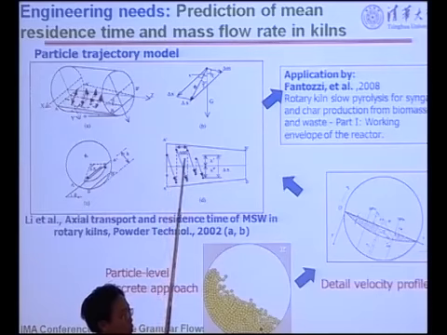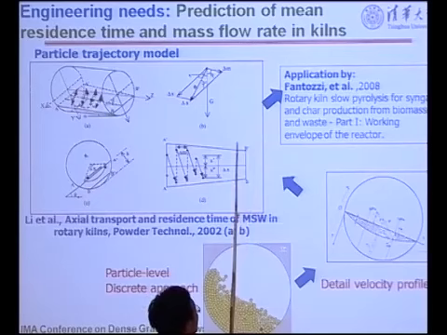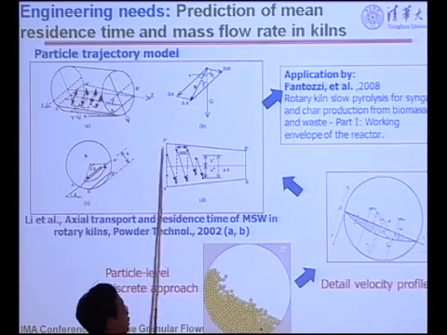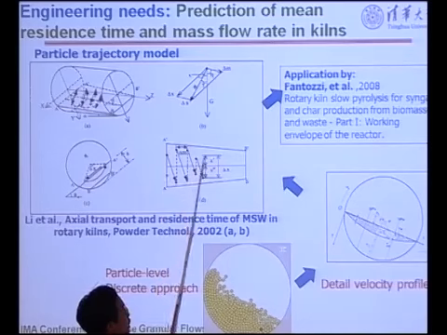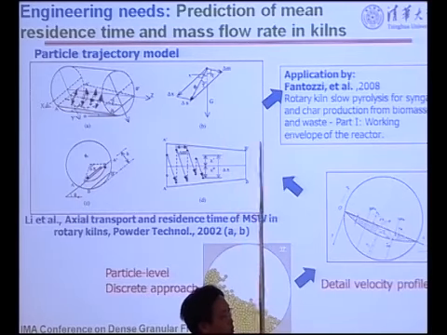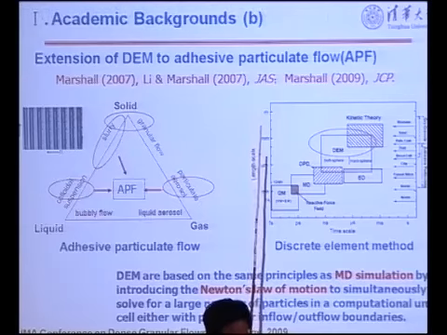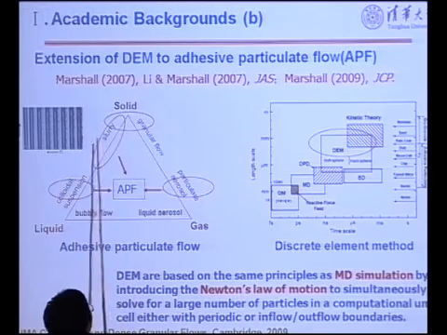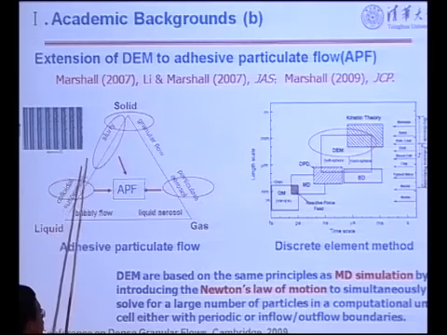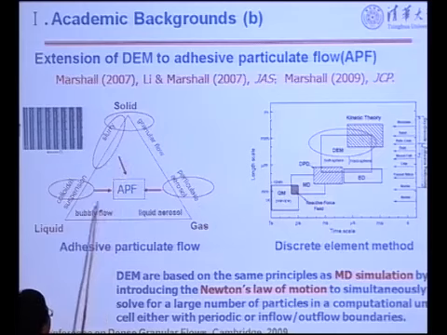But finally I found that the DEM approach gives a good understanding of the profile in the kiln, and can correct my previous work on kiln design. At this time in China, and also in some parts of Europe, people design new advanced kilns, beginning to use formulas from particle trajectory analysis.